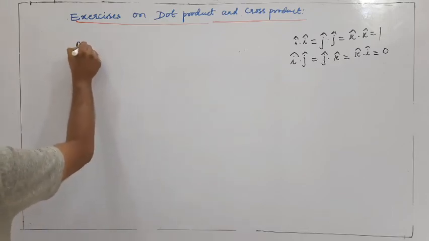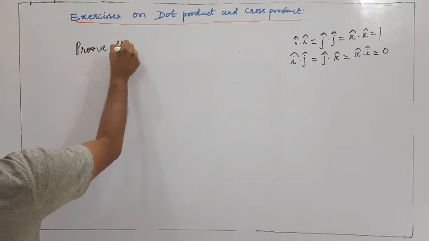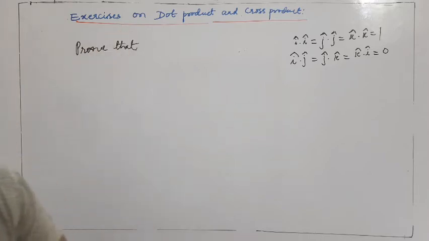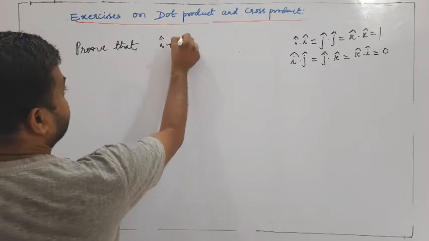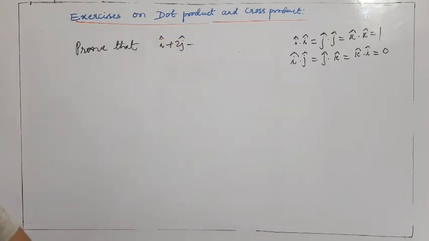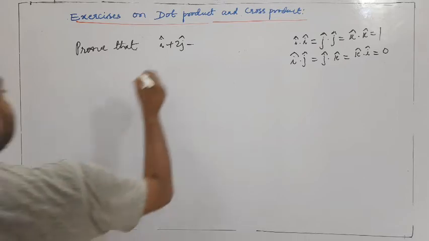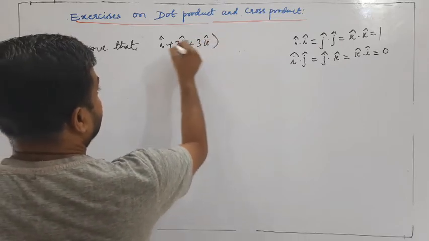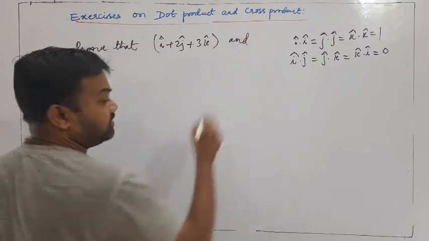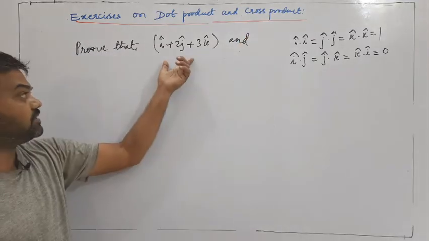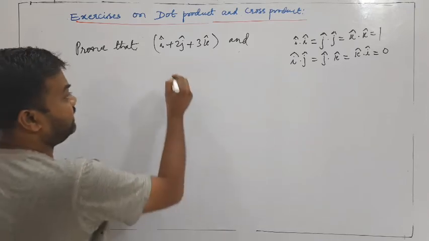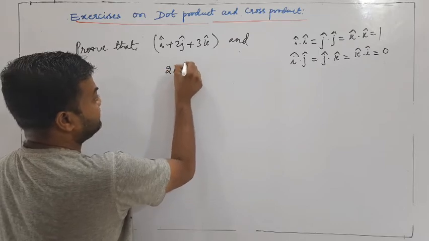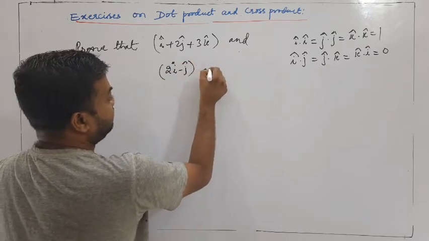Prove that the vectors i plus 2j minus k, and one more vector, minus i plus 2j plus 3k... and 2i and 2i minus j are perpendicular.